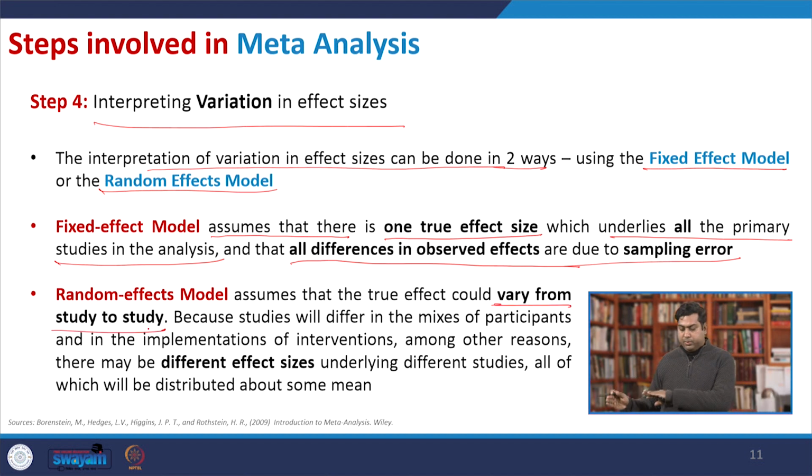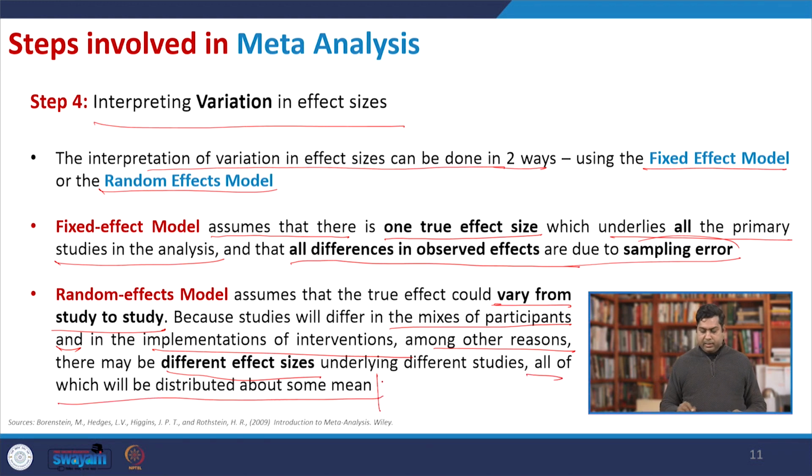So it is not a particular reason like sampling error, because studies will differ in terms of participants and also the implementation of different interventions. Among other reasons, there may be a different effect size underlying different studies. This is something we need to take care of, and the effects will be distributed around a mean value. In such cases, with the random effects model you get a different kind of statistics.